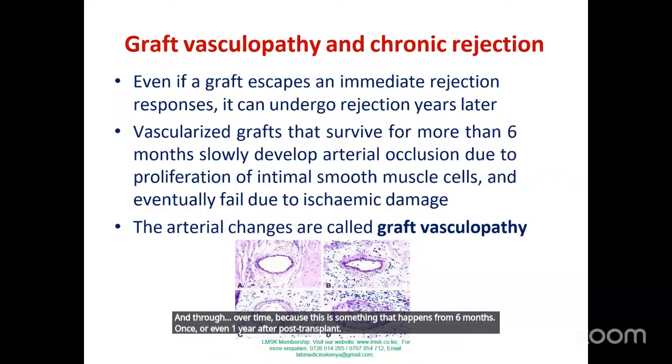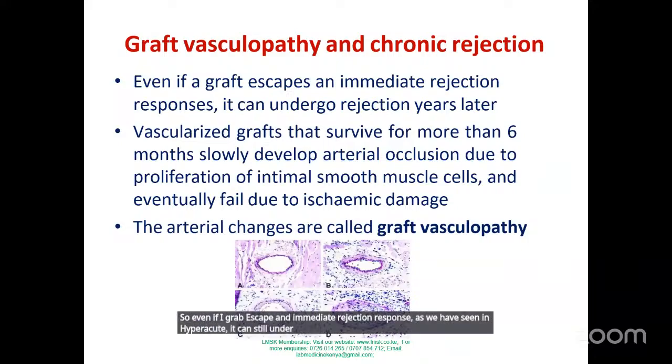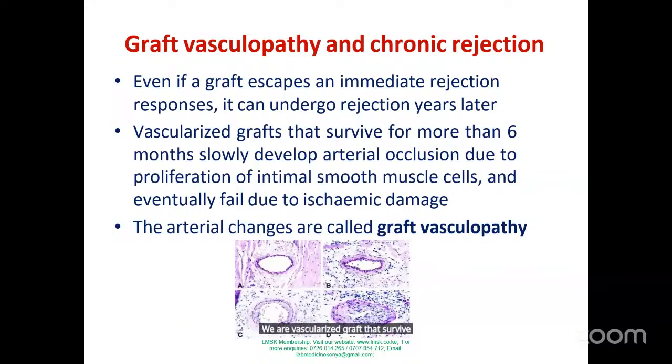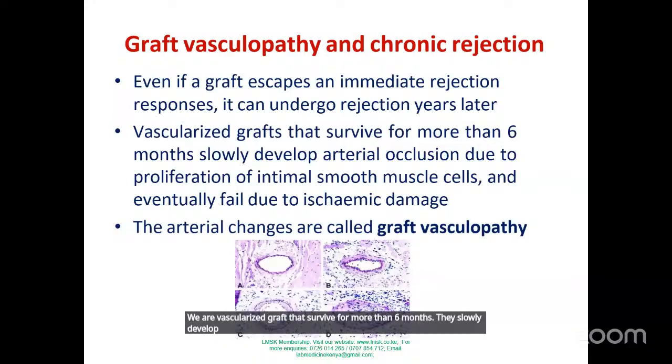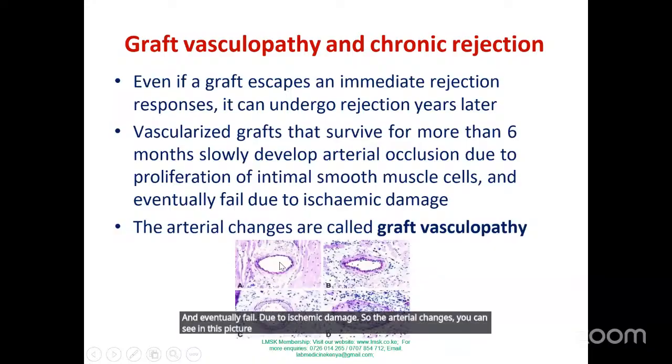So even if a graft escapes an immediate rejection response, as we have seen in hyperacute, it can still undergo rejection years later, where a vascularized graft that survives for more than 6 months slowly develops arterial occlusion due to proliferation of intimal smooth muscle and eventually fails due to ischemic damage. In this picture, looking at the first one, A, the lumen is still wide enough and allows blood to pass through.